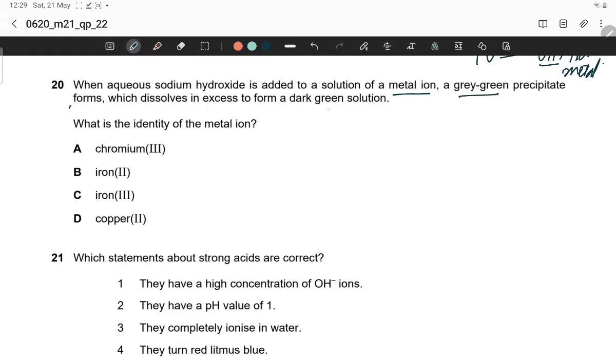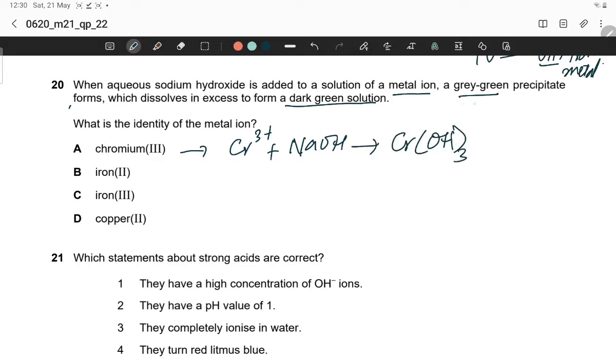When aqueous sodium hydroxide is added to a solution of a metal ion, a gray-green precipitate forms, which dissolves in excess to form a dark green solution. What is the identity of the metal ion? Chromium 3 ions: sodium hydroxide added to the solution gives a gray-green precipitate, Cr(OH)3, which dissolves in excess.